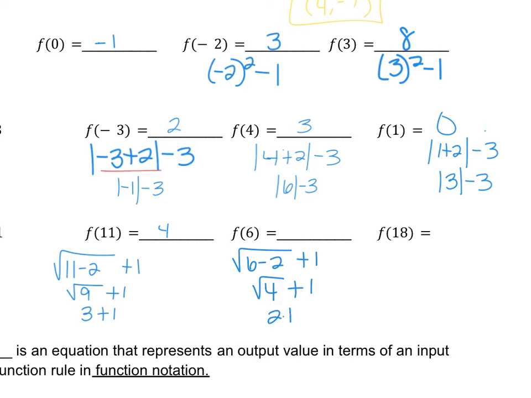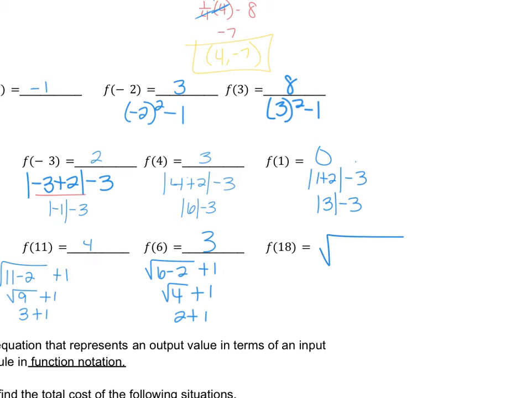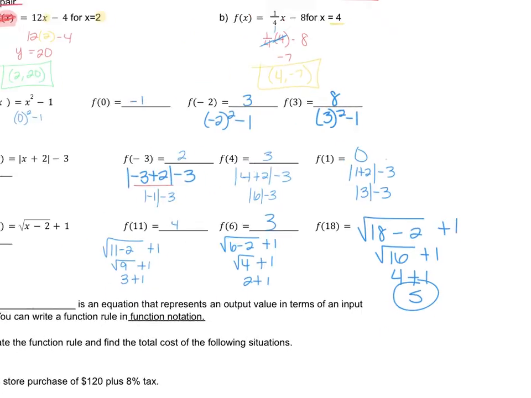So that would be 2 plus 1, which is 3. Square root of 18 minus 2, plus 1 would be the square root of 16, which would be 4, plus 1. So this one equals, I'll just write it down here, 5, since the line is off.